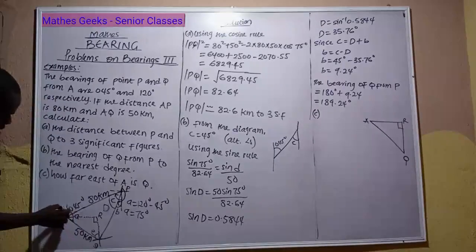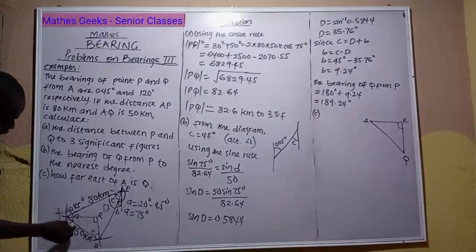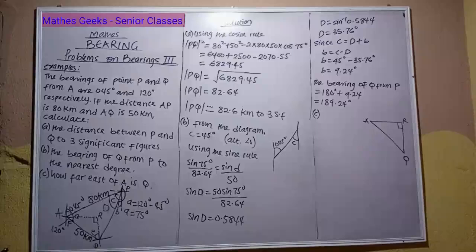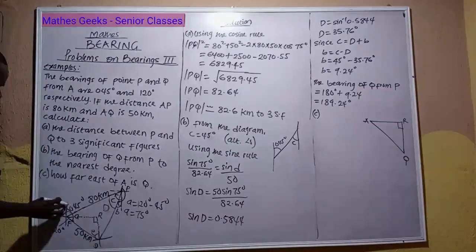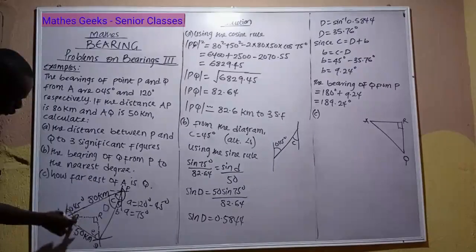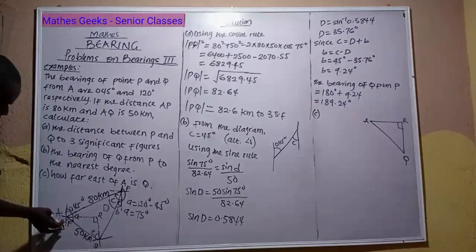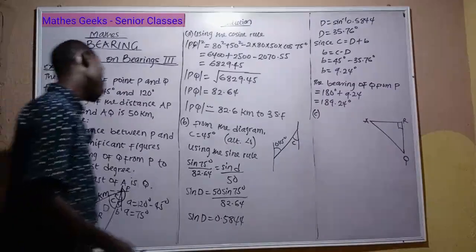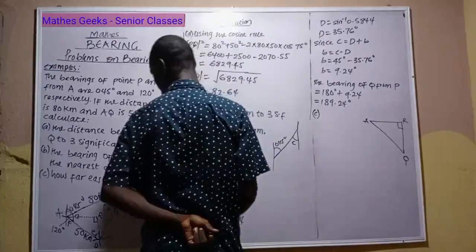So from the north, let me call here F. So what is F? Since from A, from the north to this line, gives us 120 degrees, and from this line to the south, the sum of those two angles is angles on a straight line.